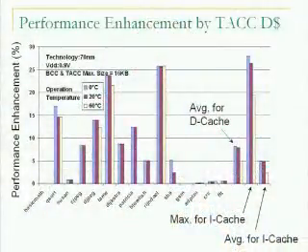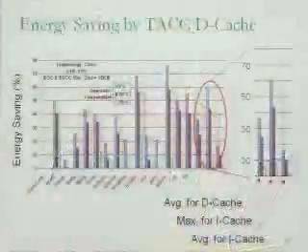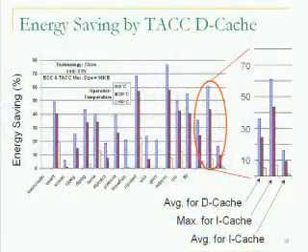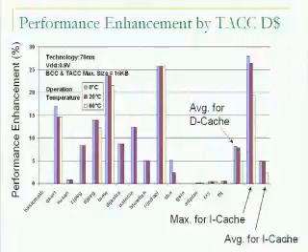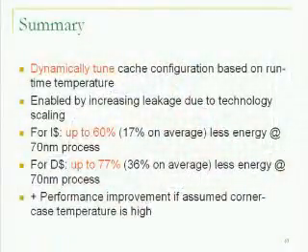Finally, it gives you some savings, as you see here, depending on the temperature and whether you work on instruction cache or data cache. Well, time is really up, so if you are interested, please come and let's talk about it more.